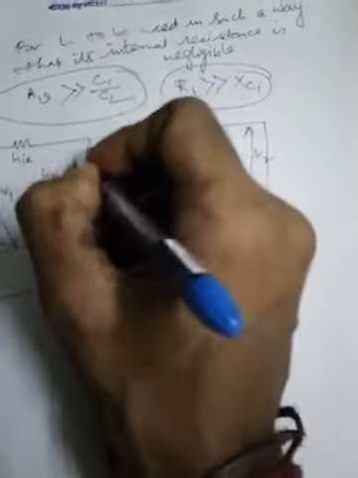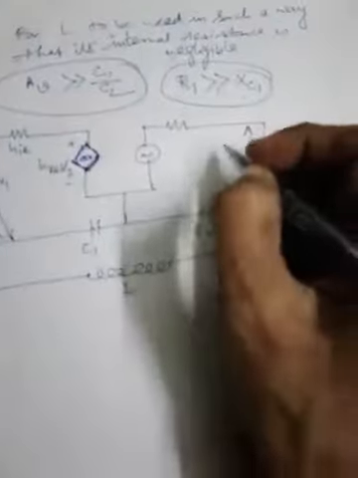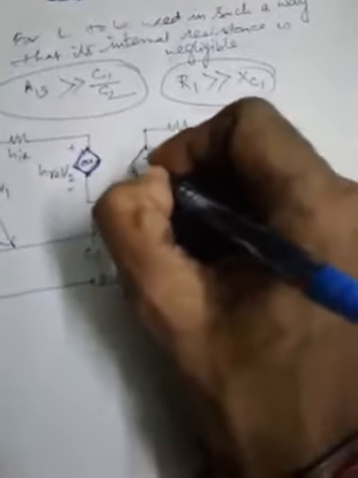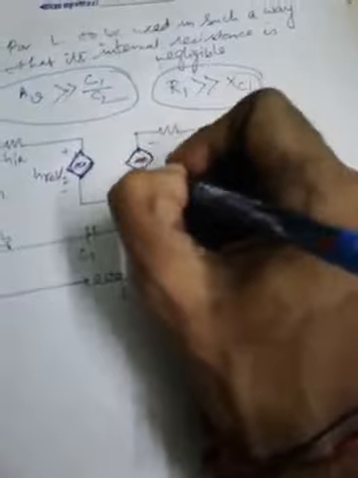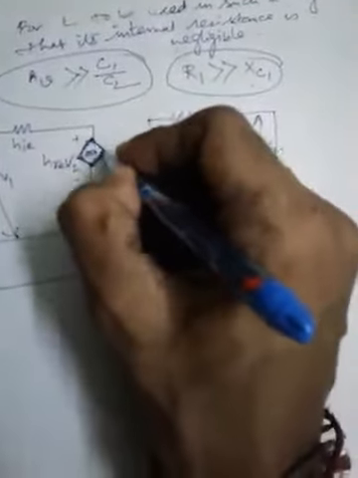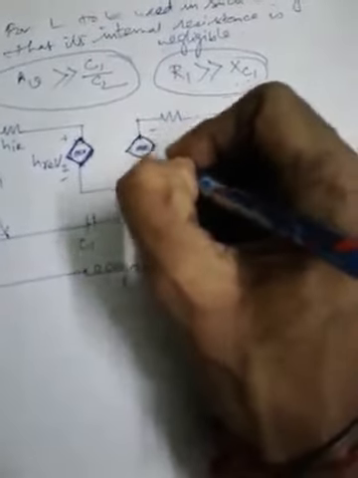This should be a dependent source, something like this, and this should be another source which should be a current source, but here it is shown as a voltage source of opposite polarity.